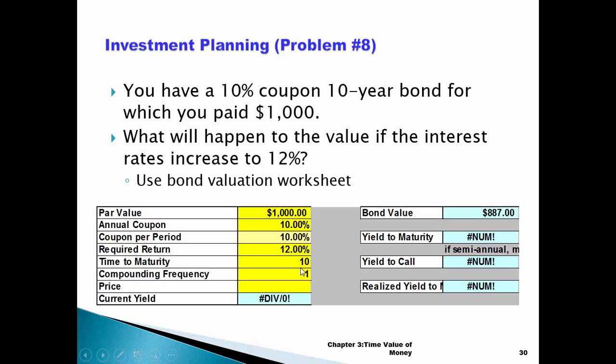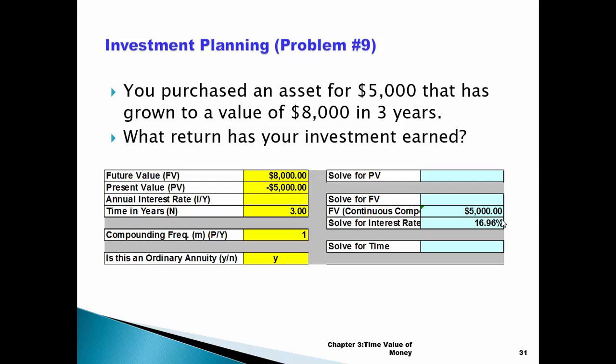It's 10 years to maturity, compounding frequency 1. This bond is actually now worth $887. So if you had purchased this bond for $1,000, which you did, you would now have something worth $887. So you obviously lost some value on this bond because interest rates in the economy increased.